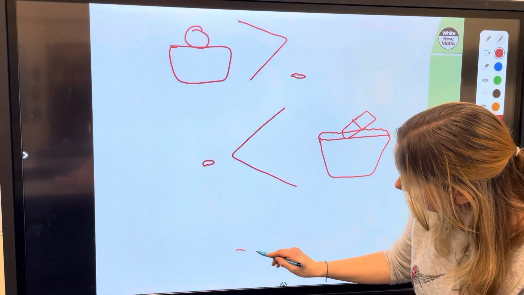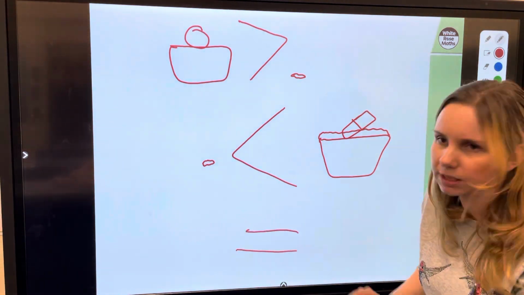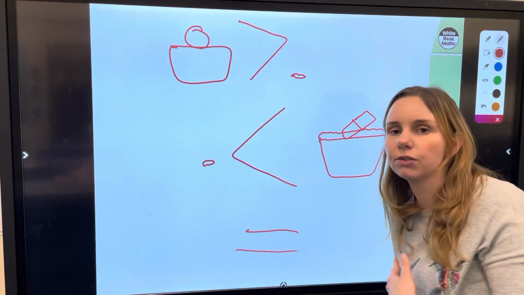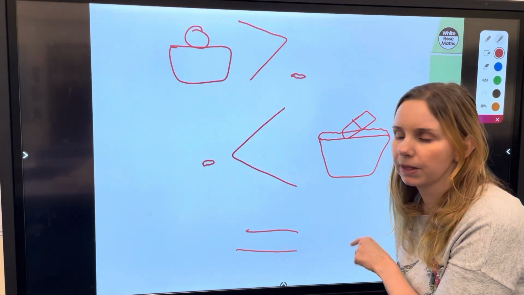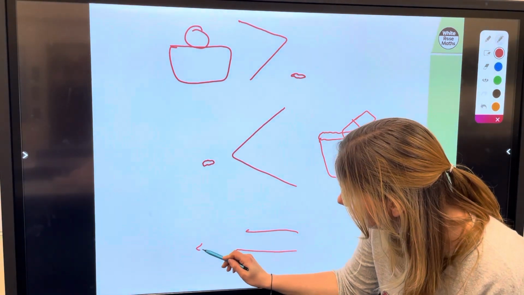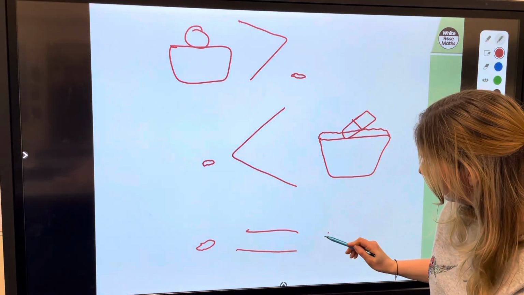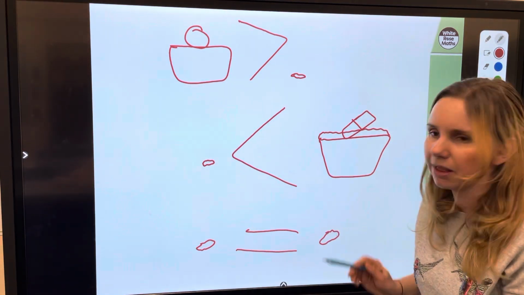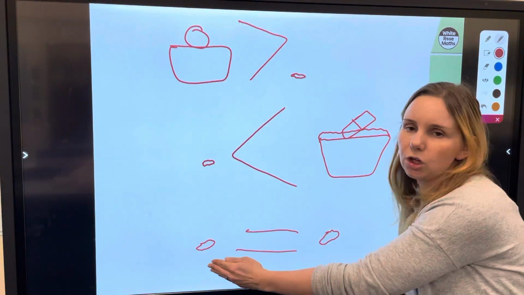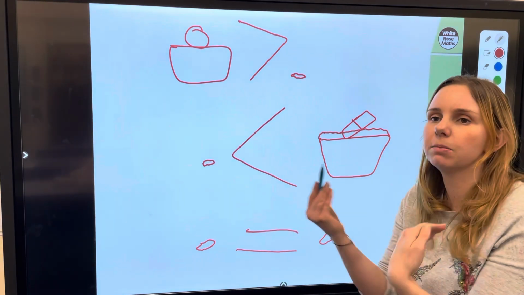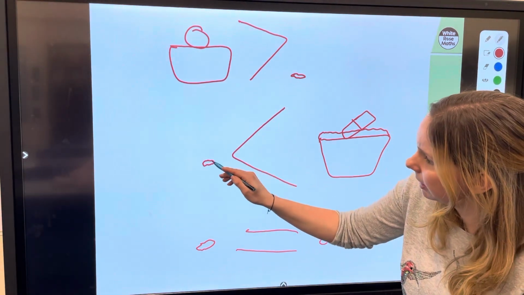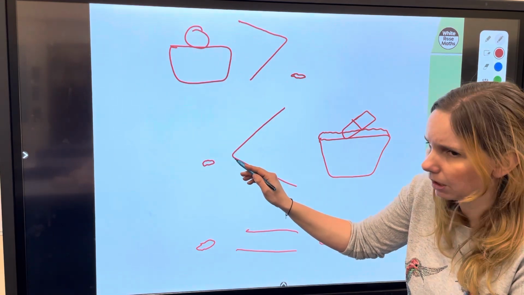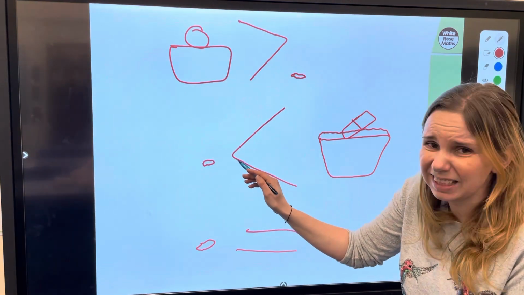Now here we have the equal symbol, and we're used to seeing the equal symbol at the end of a number sentence, but the equal symbol can also mean same as. So this crumb is the same as this crumb. They are equal to, okay? So when two numbers are the same, we say they're equal to. When a number is here, oh, I don't want that number, it's less than.